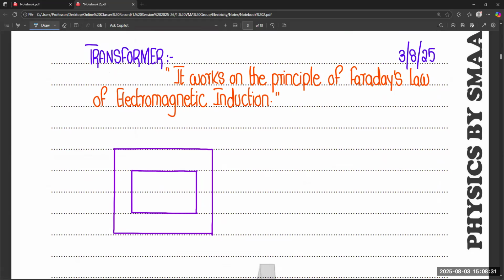So on the left hand side, we have one coil connected. And on the right hand side, we have another coil connected.